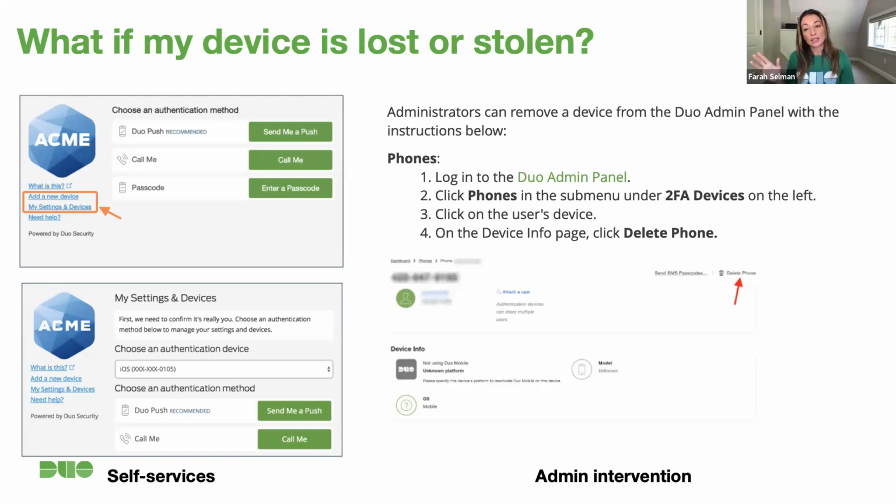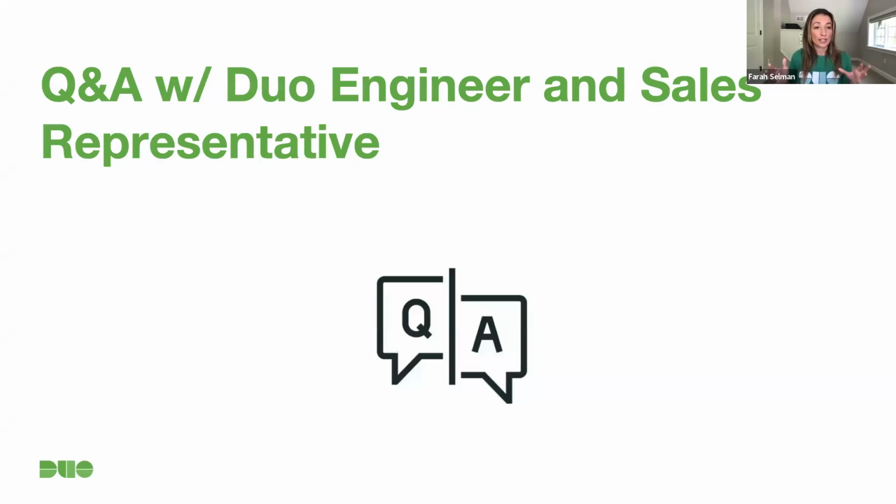On the help desk and admin side, administrators can remove devices, add devices, and provide end users with bypass codes. You can set parameters for those bypass codes based on the time and number of uses for that specific user. So that wraps up most of our content for today.